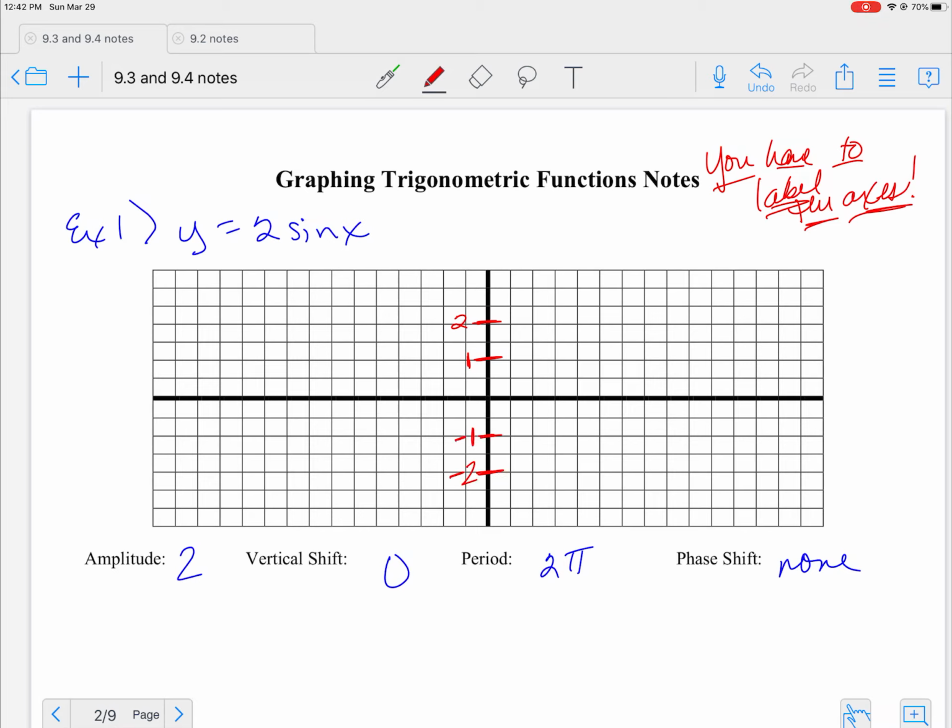So if I start with just my basic, I'm coming up here to make this a 1, make this a 2. This is -1. This is -2, and I'm going to go with my standard here because I'm not shifting anything. It's just my pi over 2, pi, 3 pi over 2, 2 pi, and then you can go back, of course.